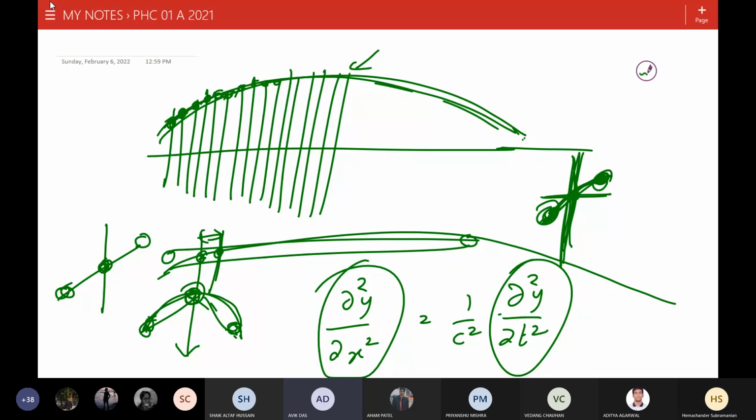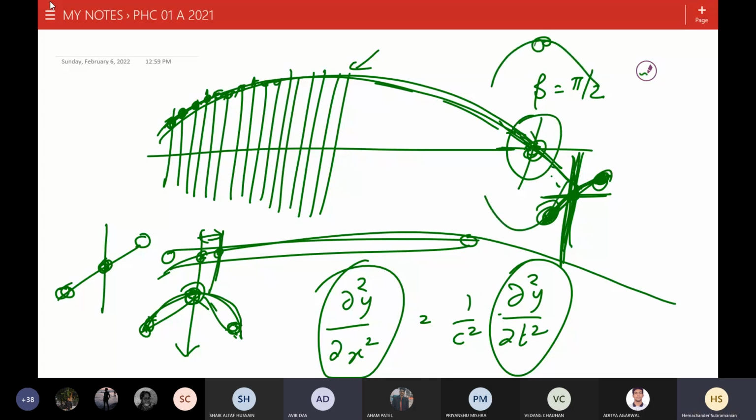A particle at the phi equals pi by 2 phase point isn't going to move. It doesn't have any force on it. Just like in simple harmonic oscillation, at the center, the equilibrium position, there is no force. At the edges, right at the crest and the trough, there is a lot of force because the particles are pulling it back towards the equilibrium position.